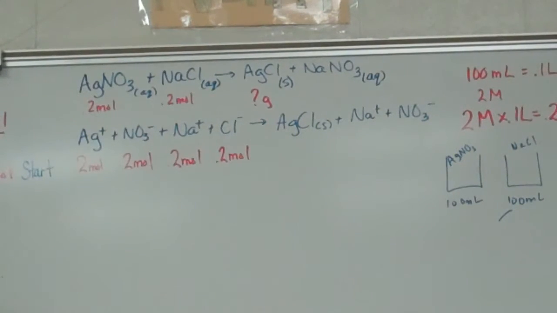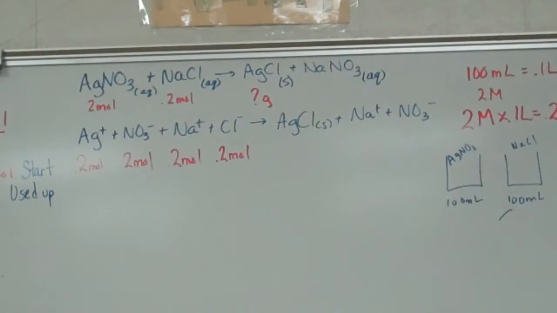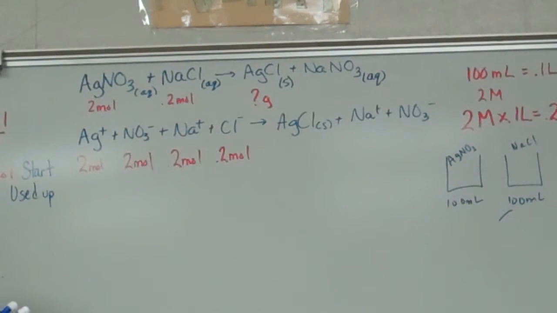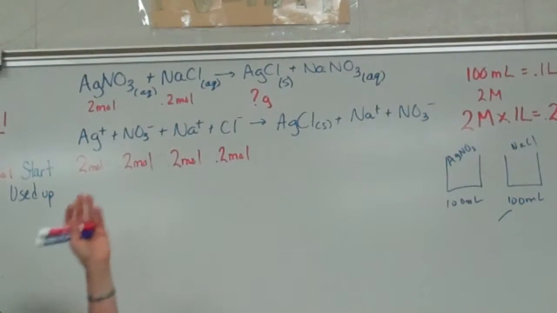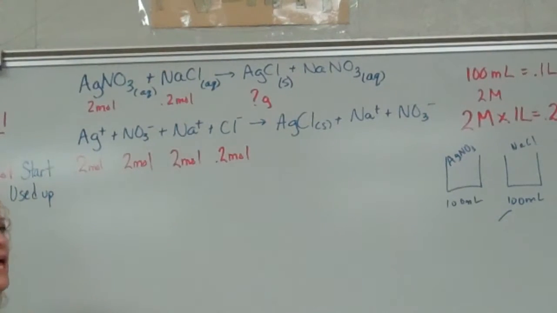Okay, start. Then what we need to figure out is what is used up. Now, here's where you really have to think through it, and you have to be very comfortable with what is going on in the reaction. Will all of these ions be present in the end?